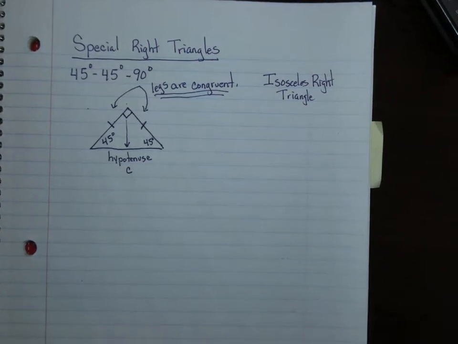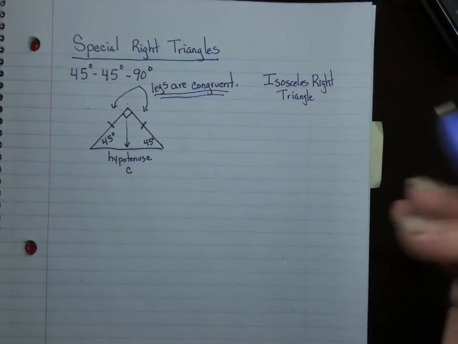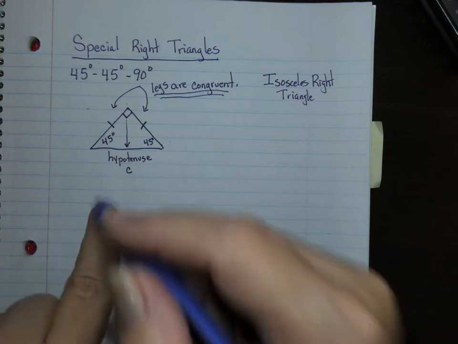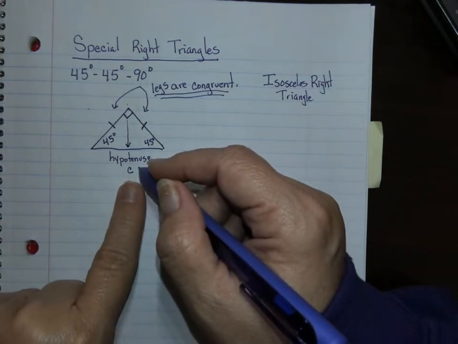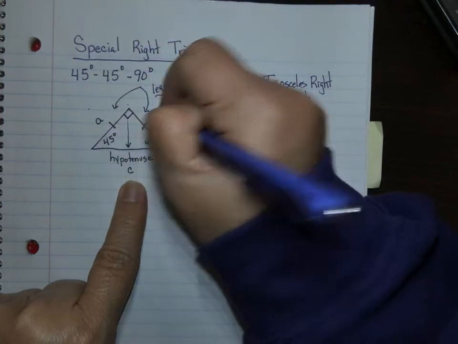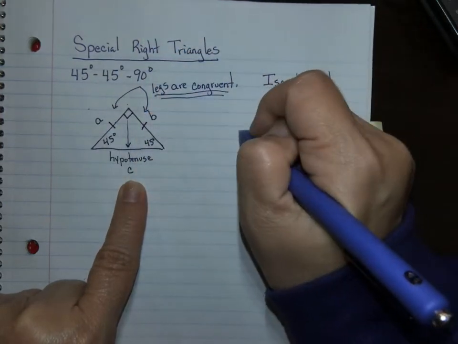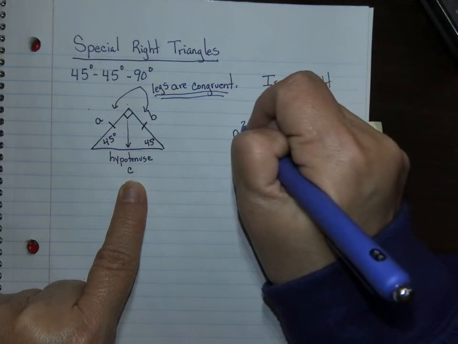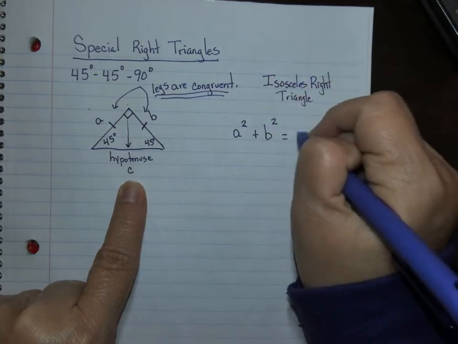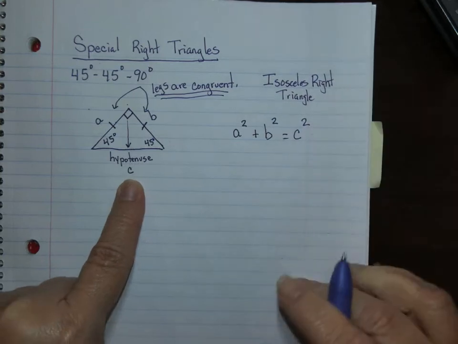So we're going to work through the Pythagorean theorem and see this special relationship, and then once you know the special relationship, you get to use it as a shortcut. So you know, in the Pythagorean theorem, one leg would be A and one leg would be B. And we'd write A squared plus B squared is equal to C squared.